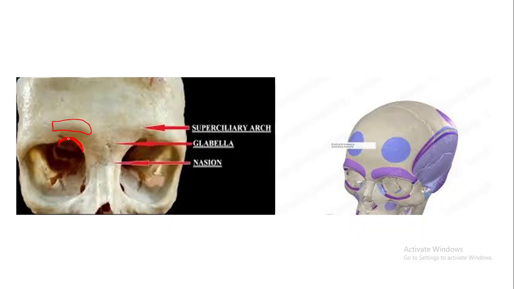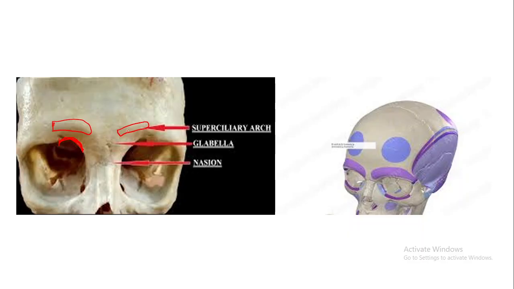This is called the superciliary arch, present on both sides. These are round, curved, bony elevations above the medial part of the orbit.